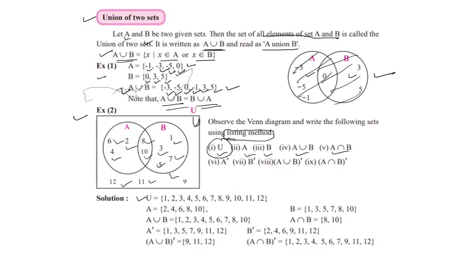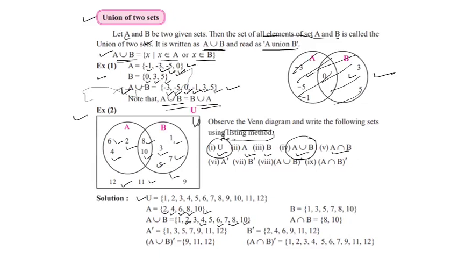Now see A union B. As you have just learned, A union B contains all elements of A and B. See, A contains 5 elements: 2, 4, 6, 8, 10.